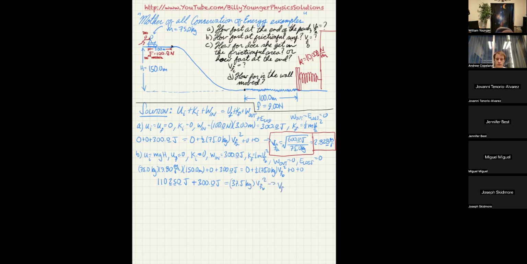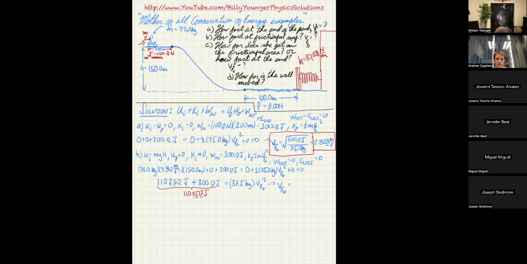So V final B squared is going to be 110,250 plus 300, which gives me 110,550. Now I'm going to divide that by 37.5, which is half of 75.